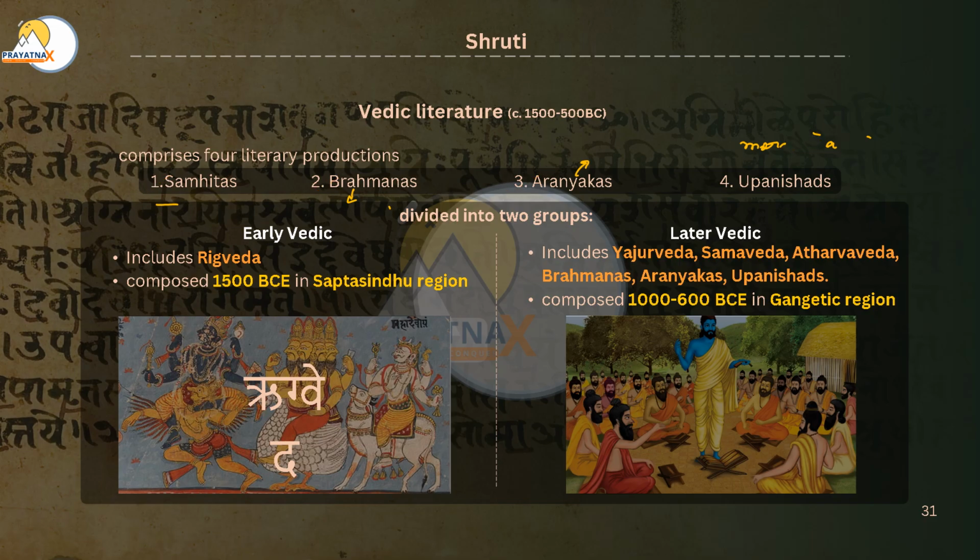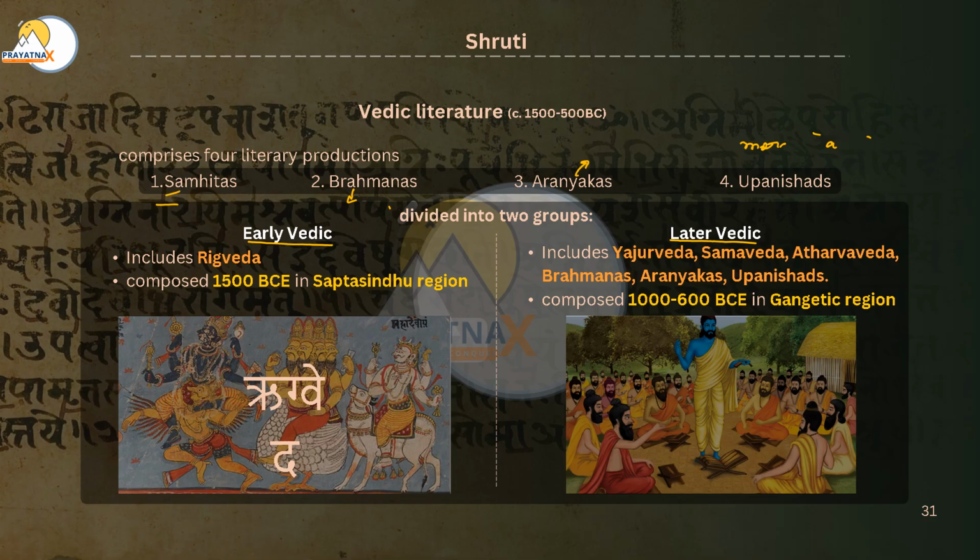Now, the Vedic literature itself is divided into 2 groups, which is the early Vedic period and the later Vedic period. Now, the early Vedic period itself, we'll see that the Samhitas first.